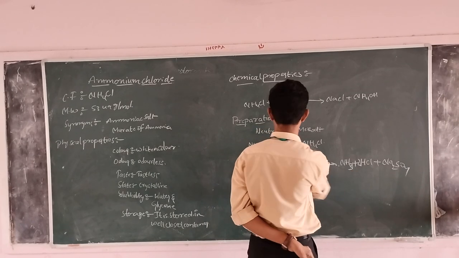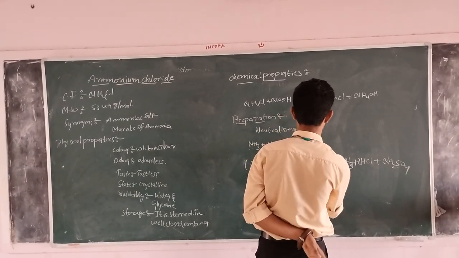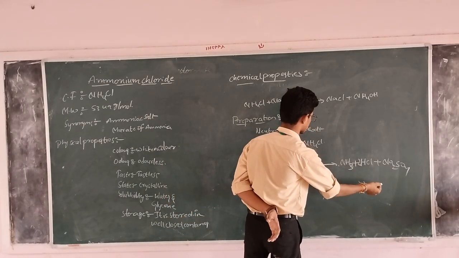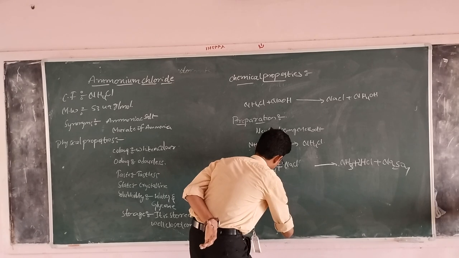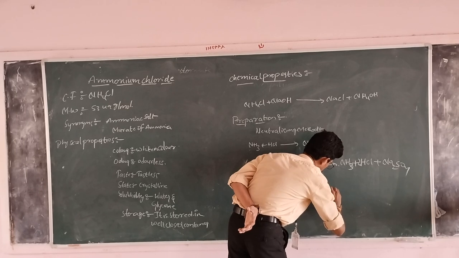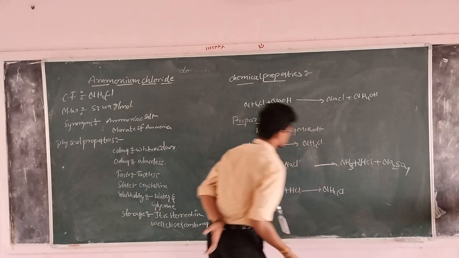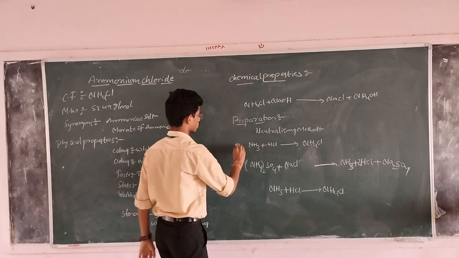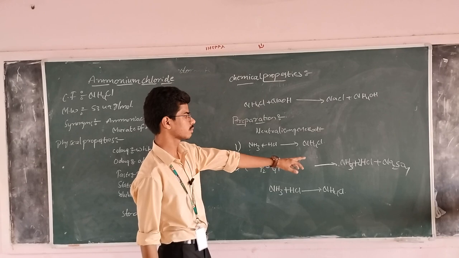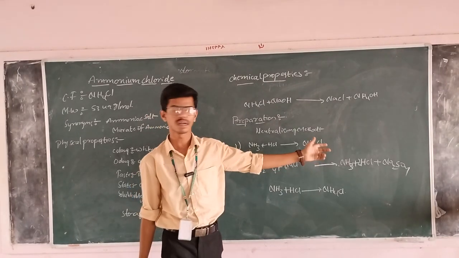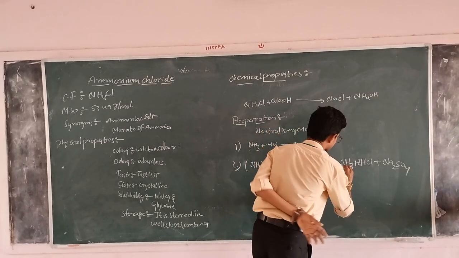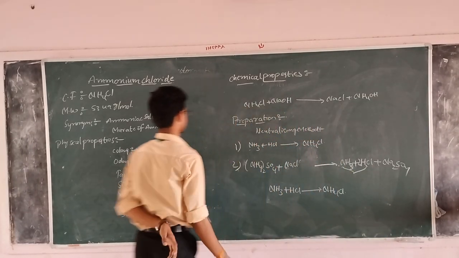Again this ammonia plus HCl neutralize each other and give ammonium chloride. These are the two preparation methods.